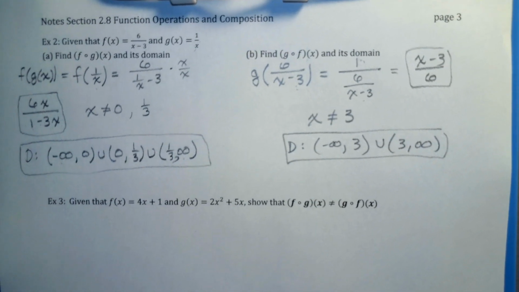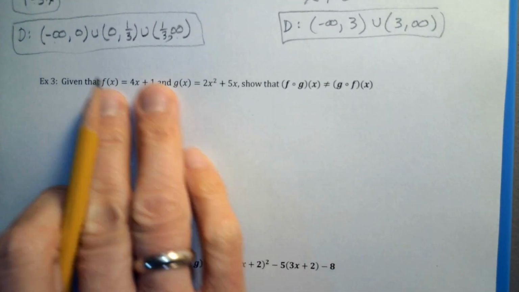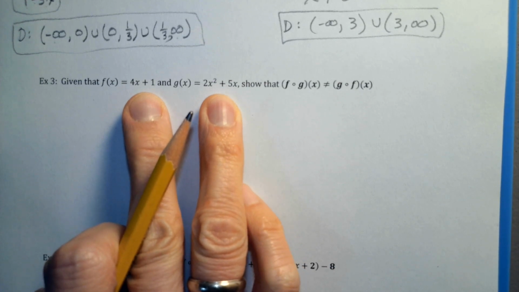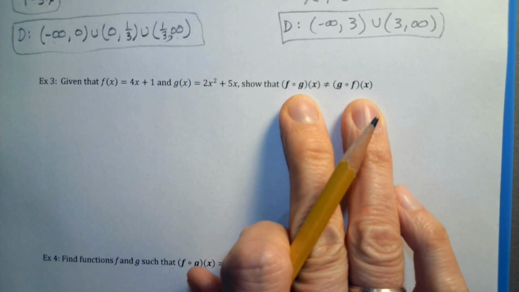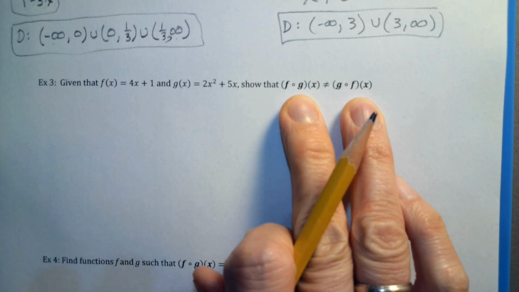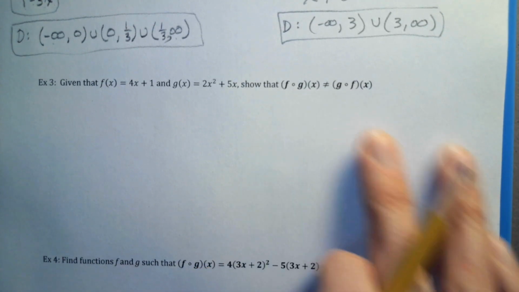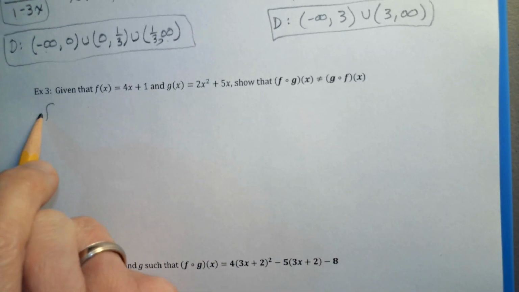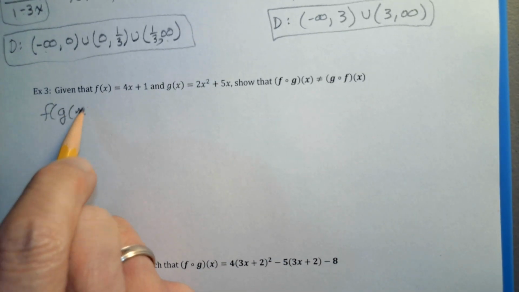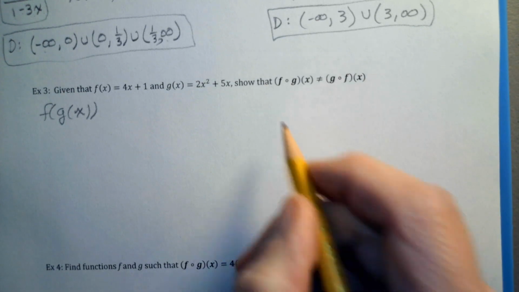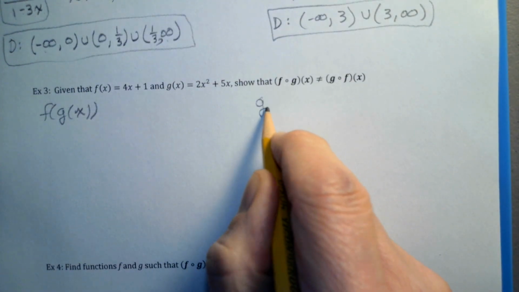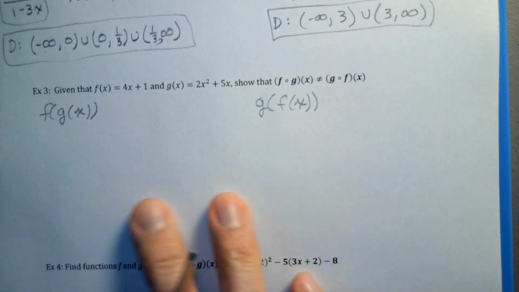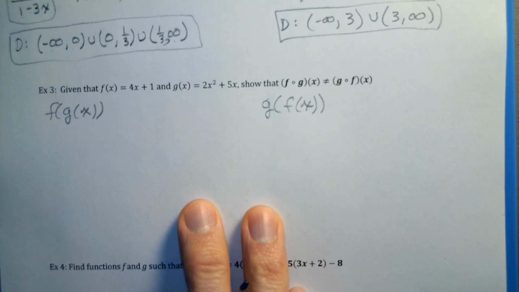Okay. All right, example 3. Given f of x and g of x, let's show that f of g of x and g of f of x do not equal. So what we can do is just do f of g of x, figure out what that is, and then over here we'll do g of f of x, and we'll see if they're indeed equal or if they're different.